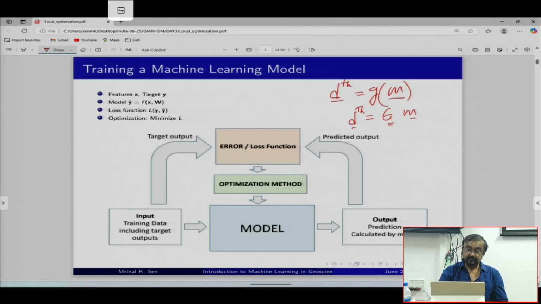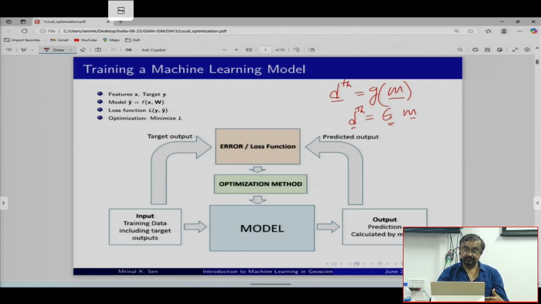What we do in inverse problems is compute our theoretical data using our forward model, and we assume that we know what the forward model is like. But in the case of machine learning, we don't quite use the same G because we assume that we don't know G in general.